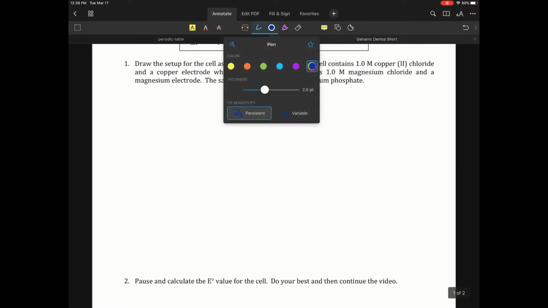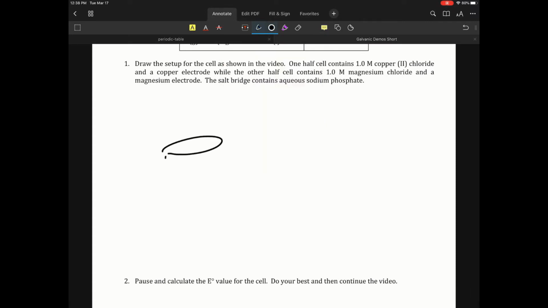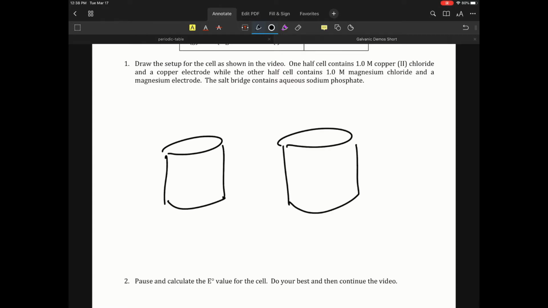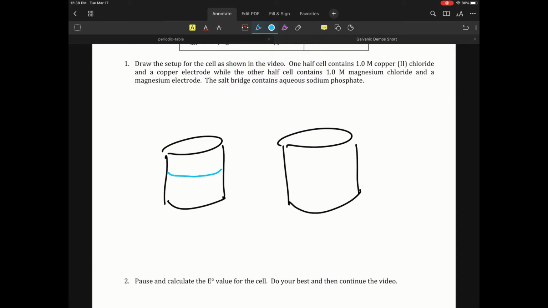Here's one half cell. Here's another half cell. So this is clearly our CuCl2 half cell with a copper electrode.